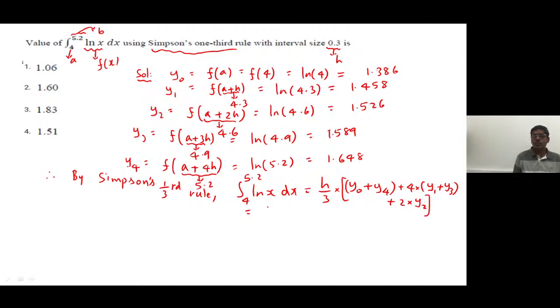So h value 0.3 by 3 becomes 0.1 into y0 plus y4. I hope that you understand all these things.